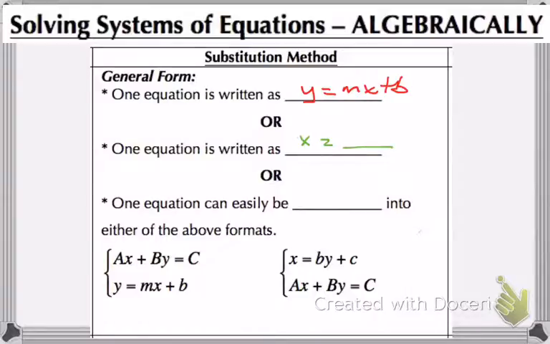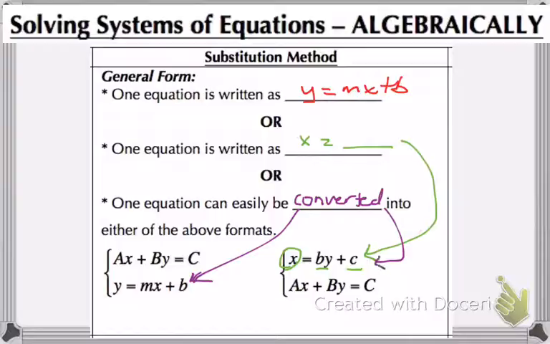There really isn't a general form for that, but I've kind of created my own down here to show you that you have the x by itself, and then you have a y term and a constant without a variable, usually, over on the other side. Or option C is that one equation can easily be converted into one of these formats. So you might have to rearrange into here, or you might have to rearrange into an x equals.